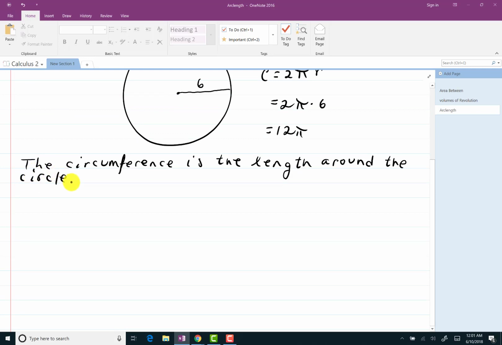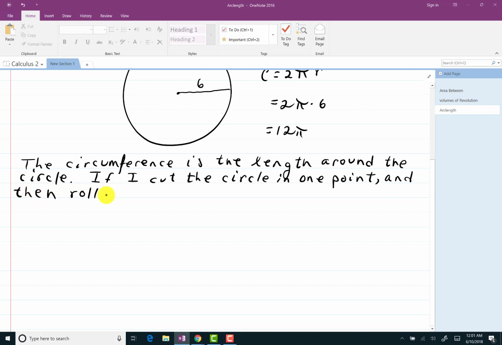In other words, if I were to take the circle and cut it in one place, let's say one point, and then roll it out, the resulting line would be 12 pi in length.